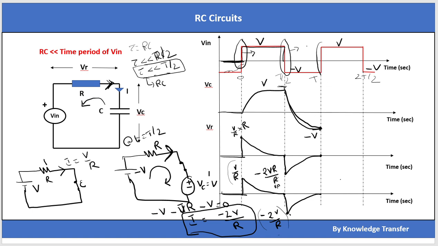Again, there is a high frequency signal being applied to the circuit. Okay, let me redraw the equivalent circuit again. Let's arrange a few things here so that it will be easy.